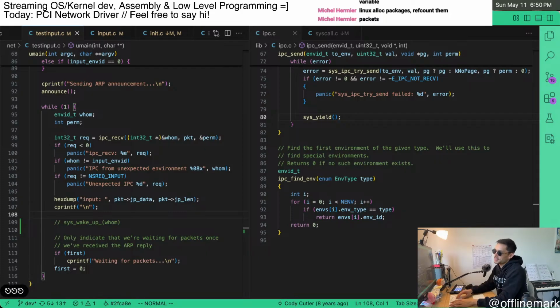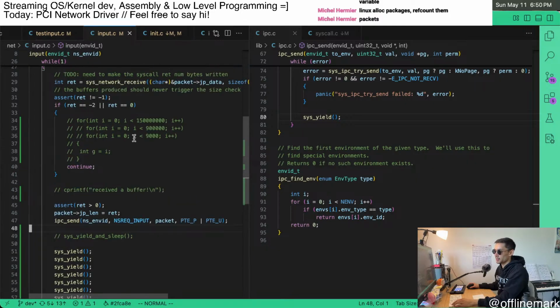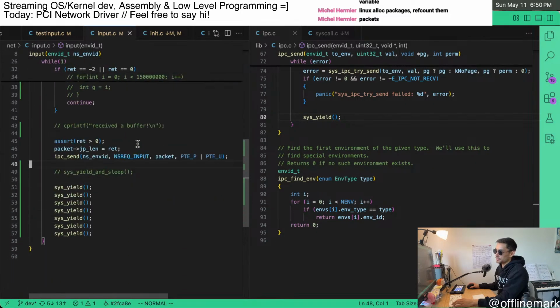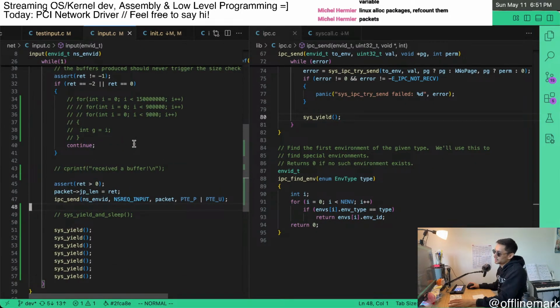But I think this thing is basically a condition variable. This pair of system calls, for anyone that's not familiar with this, a condition variable is a synchronization primitive that's available in libpthread and stuff.